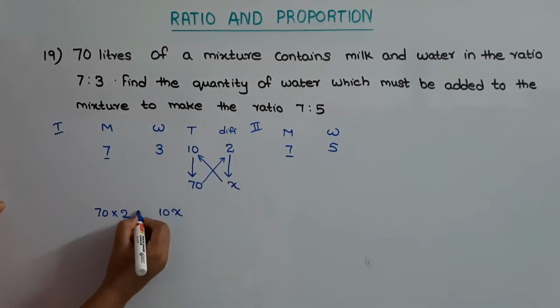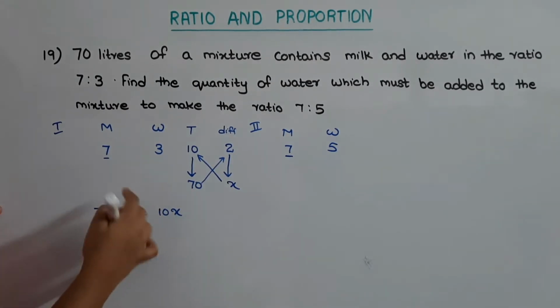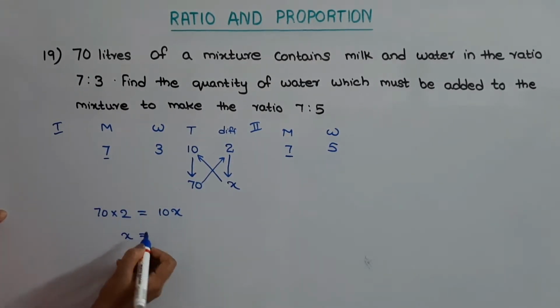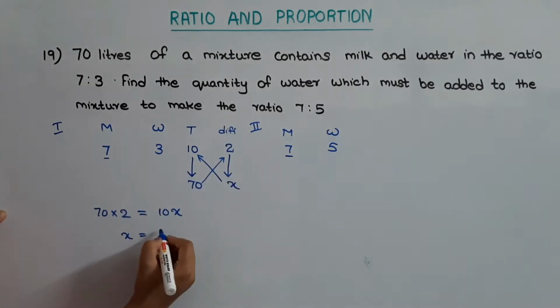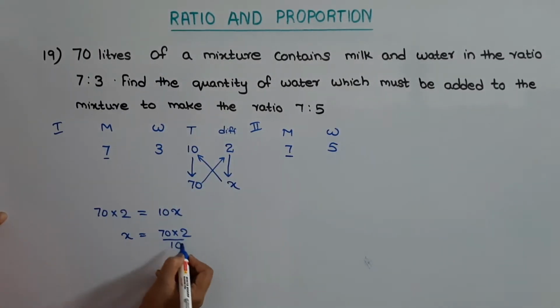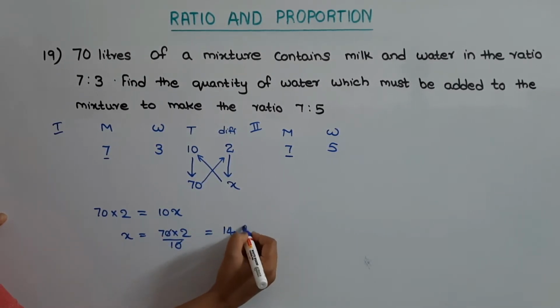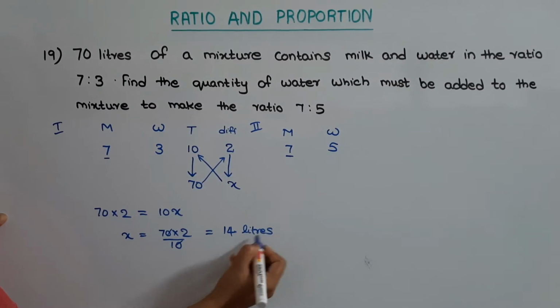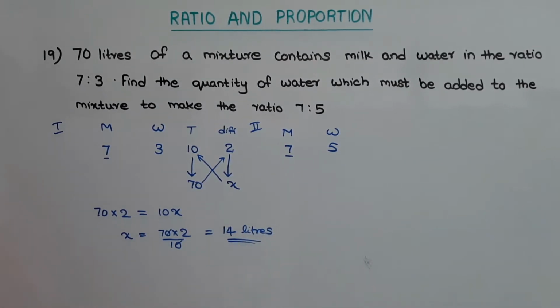Now equate them. On solving this, we will get the value of x, that is 70 into 2 divided by this 10. So the quantity of water added to the mixture is 14 liters. So this is the answer.